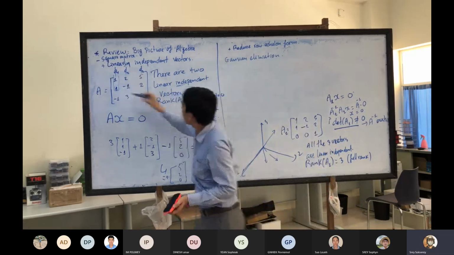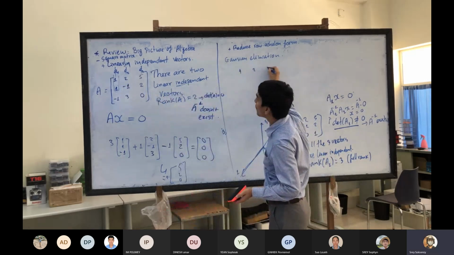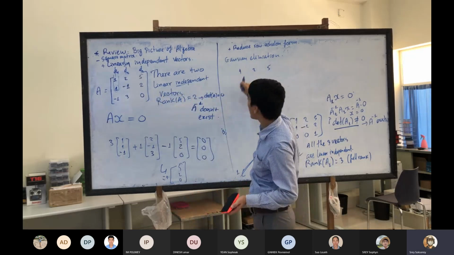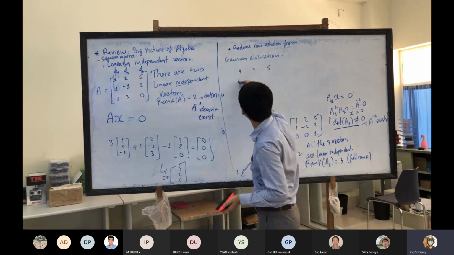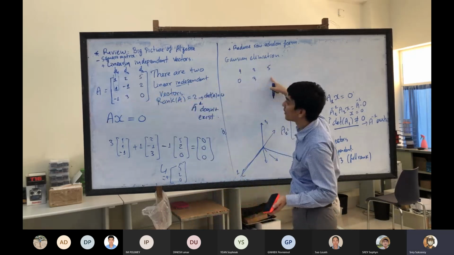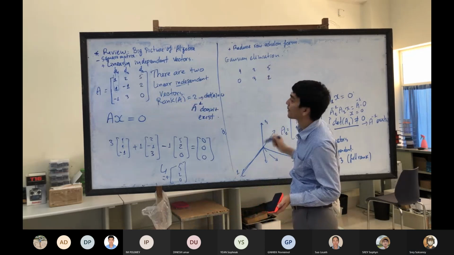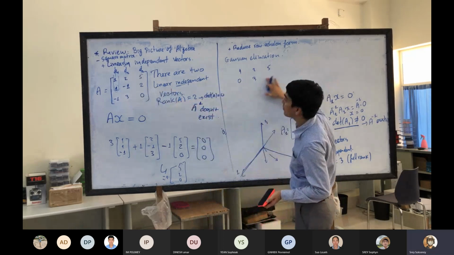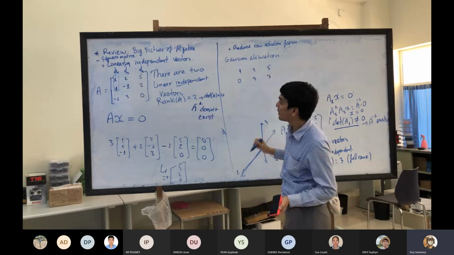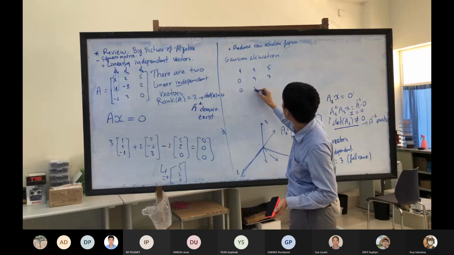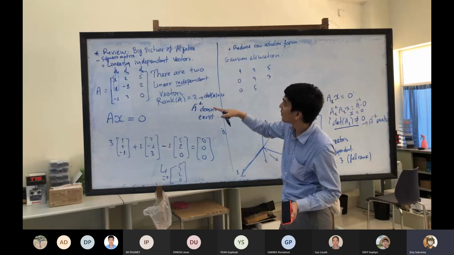First we eliminate this one, so you keep 1, 2, 5, multiply by -1, and add up, so you get this one 0, and this one 3, and this one 3, -1, and add up 2, right? 3. And this one, you just add up, you get 0, 5, and then 5.